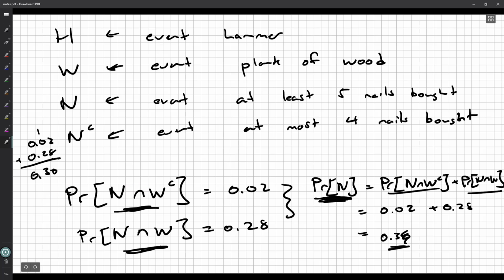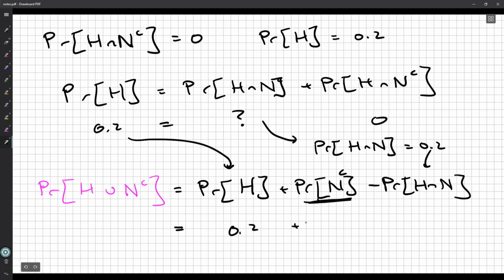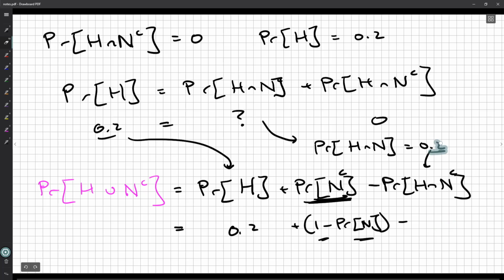So both of these 0.2s are here. The probability of N complement is just 1 minus the probability of N. Oh, this should be an N complement as well. Okay, sorry, putting some numbers together in the wrong spots. This one is a 0.